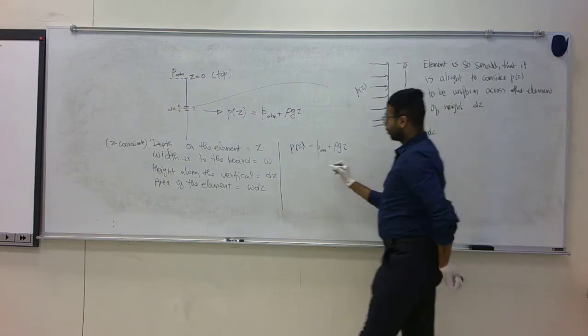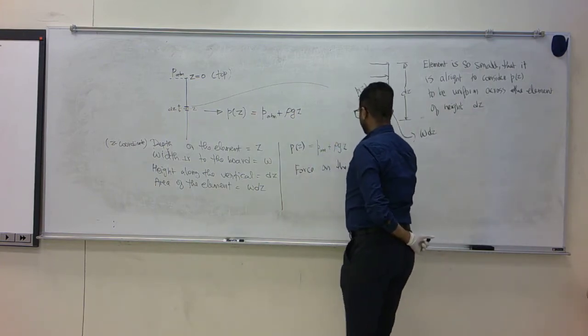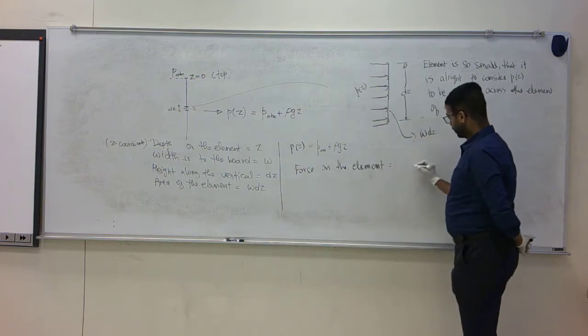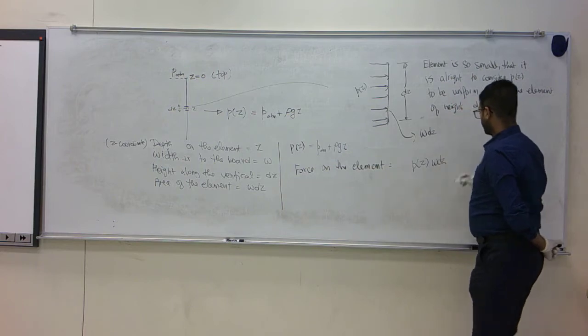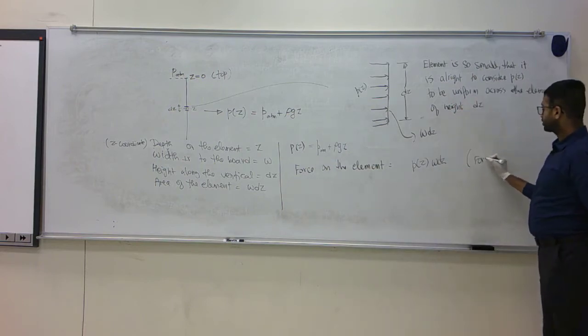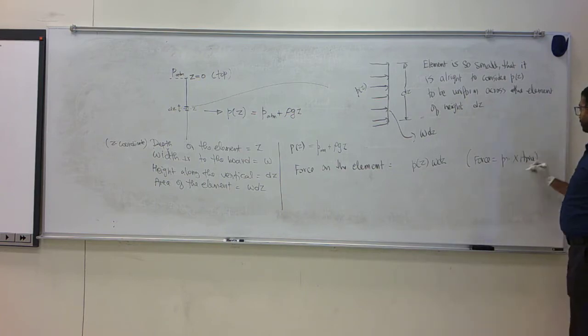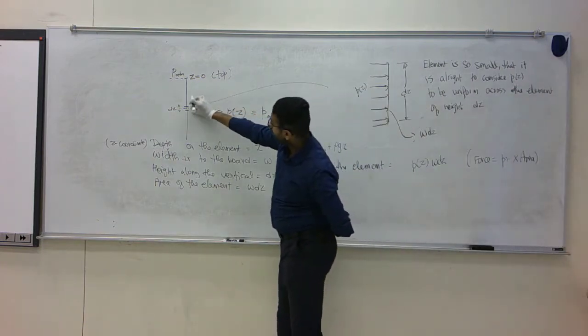So I have the force on the element to be equal to P of z times w dz. This is like writing force is pressure times area. P of z w dz, that is the force on this tiny element.